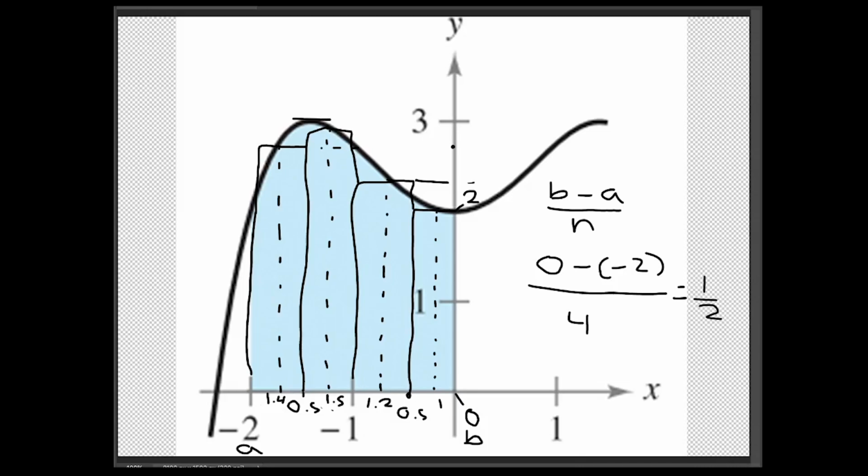So we'll have 1.4 plus 1.5 plus 1.2 plus 1. And then we have 2.9 plus 2.2, and that then gives us 5.1. So the area of the blue area is 5.1.